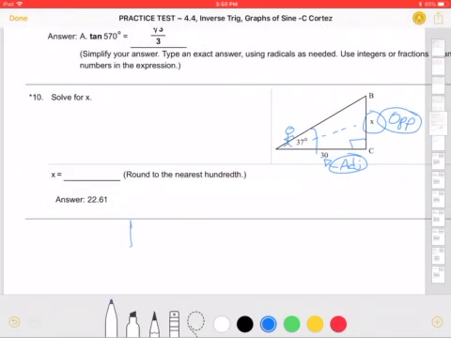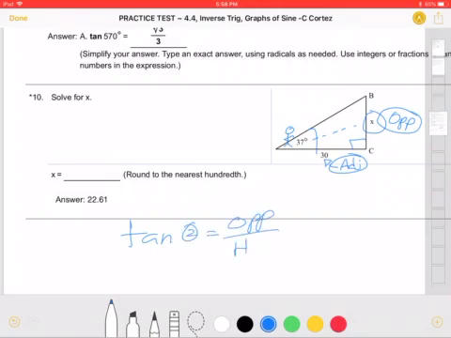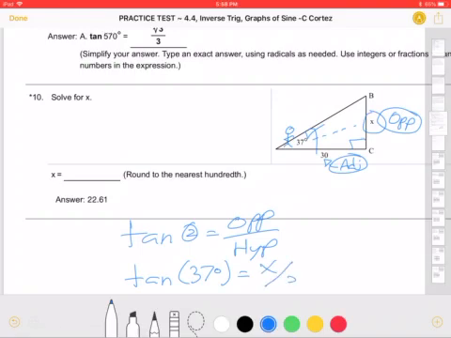Well, recall that tangent of theta is our opposite over our hypotenuse. So if our angle in this case is 37, tangent of 37 degrees should be equal to x over our 30. Or sorry, not hypotenuse. Yeah, that would have been bad. All right. Toa, adjacent. Cool.